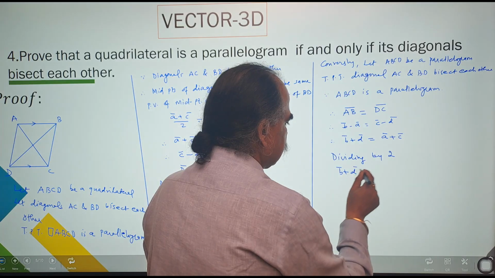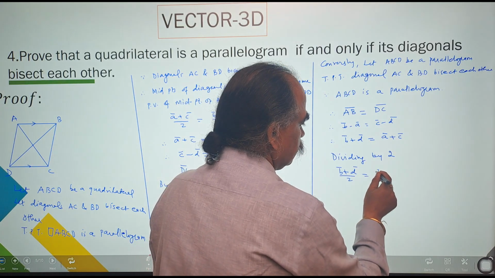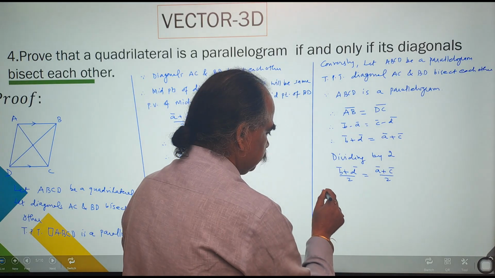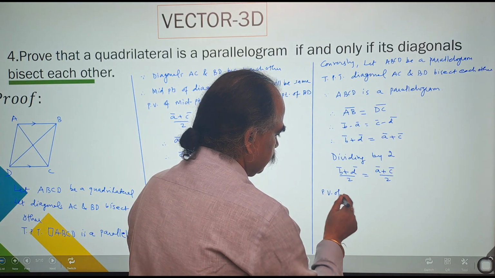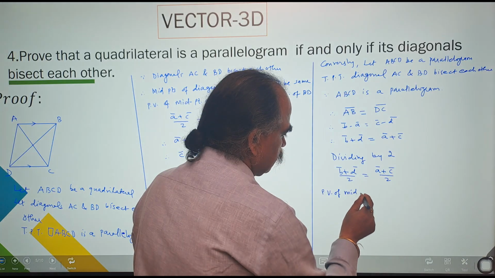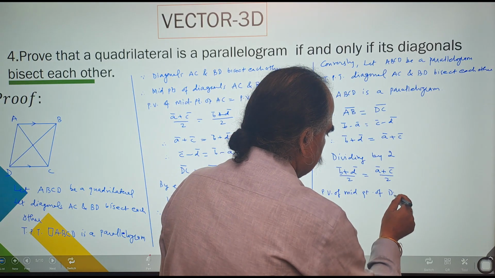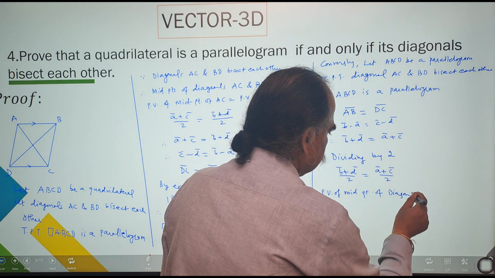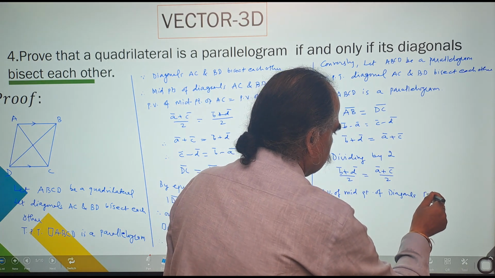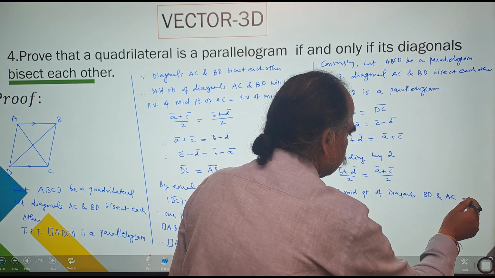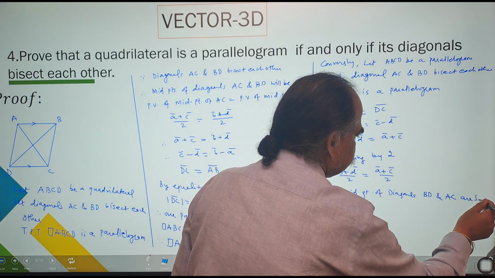B bar plus D bar upon 2 is equal to A bar plus C bar upon 2. So these are the position vectors of the midpoints of diagonals BD and AC, and they are the same.